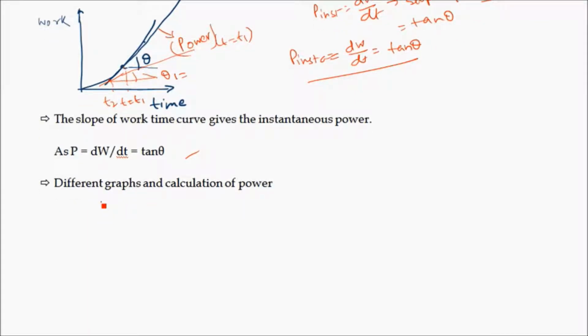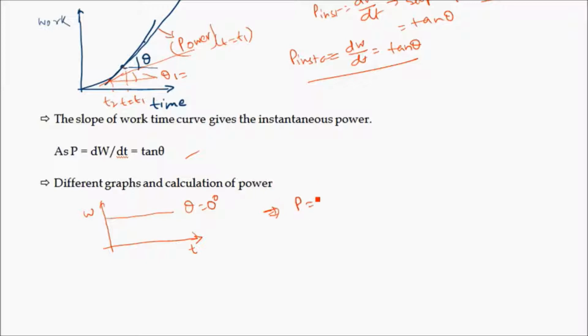Suppose the work time graph is a straight line making an angle theta equal to 0 degree. Clearly, as per this figure, the work remains constant while time passes, so the particle is not doing any work.